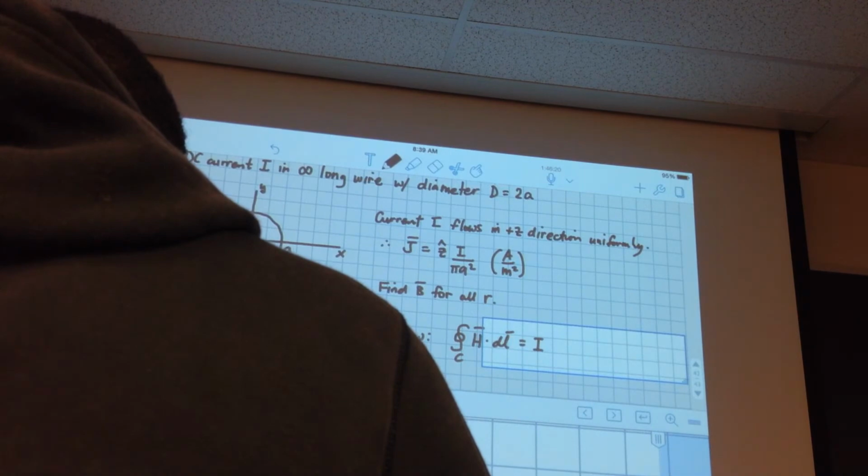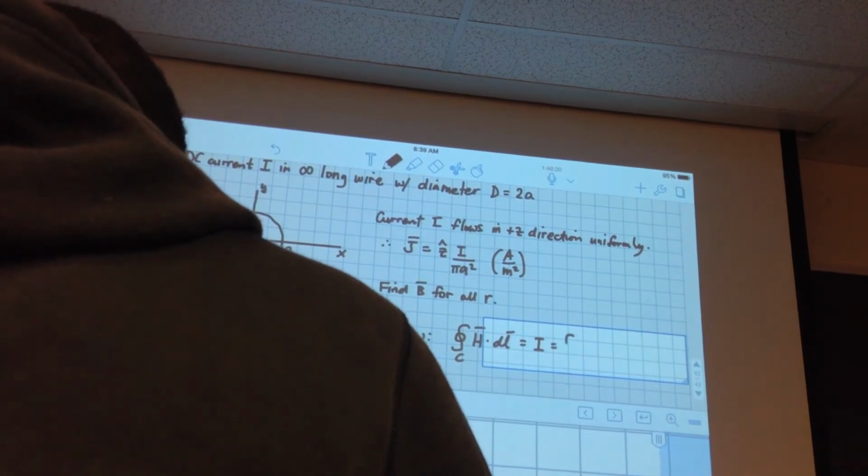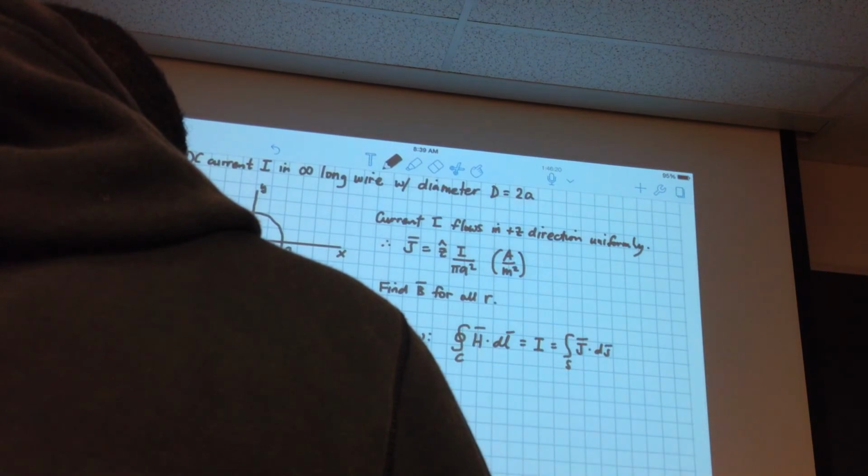The current here is I, but let me write it explicitly in terms of the current density.